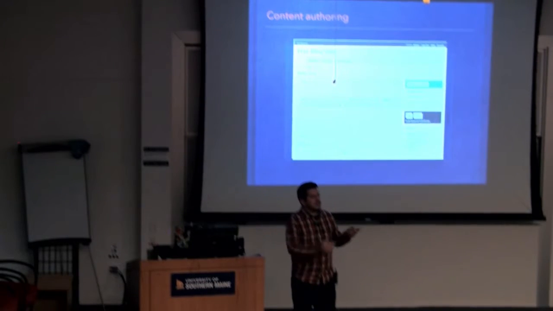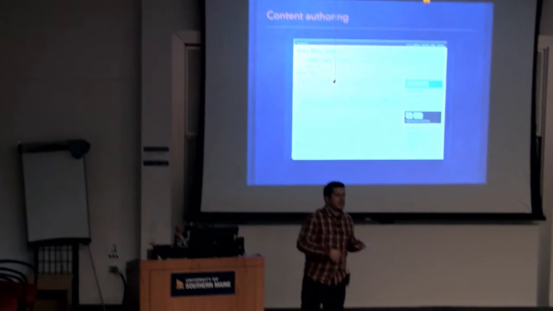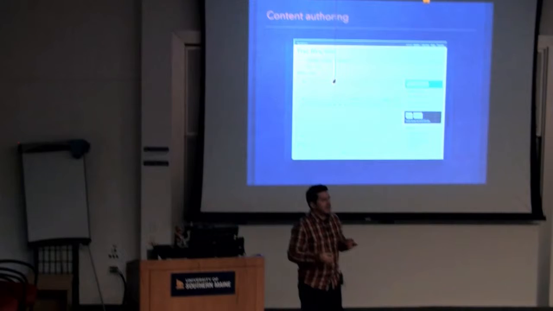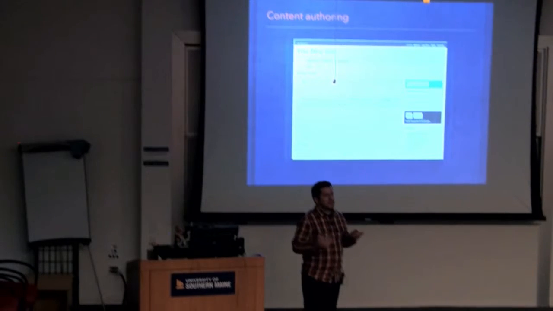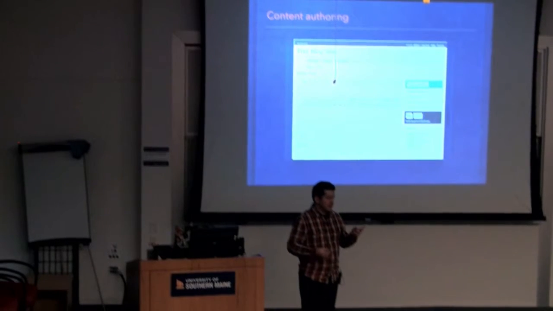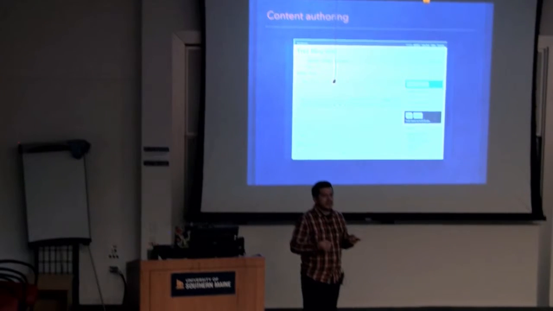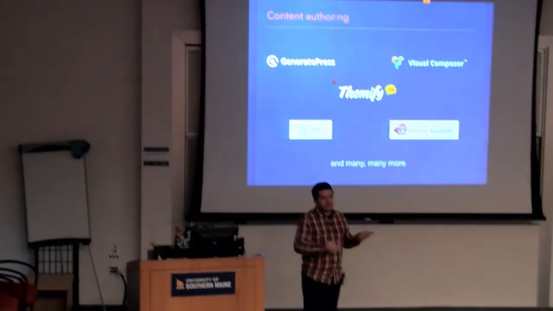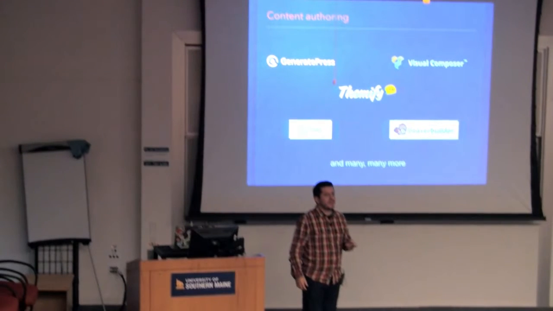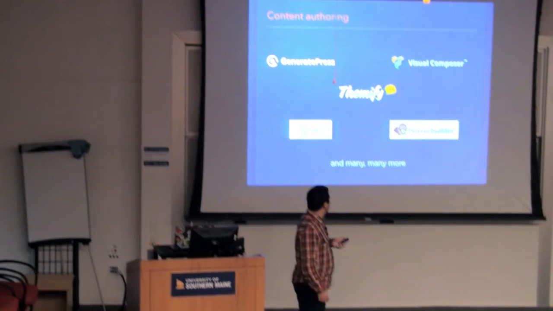And eventually, this was fine for a long time. We democratized publishing, WordPress was thriving, but eventually business owners needed more content, more ways to build their content. So we started with the page builders. They are very successful nowadays.